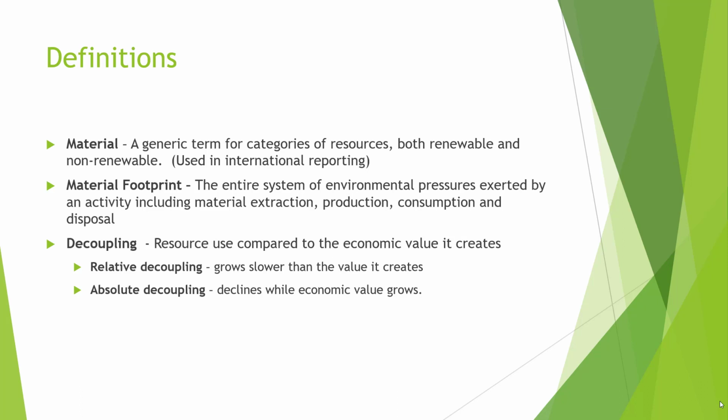And then we have decoupling: resource use compared to the economic value it creates. So relative decoupling means that the resource use grows slower than the value it creates, and absolute decoupling means resource use declines while economic value grows.